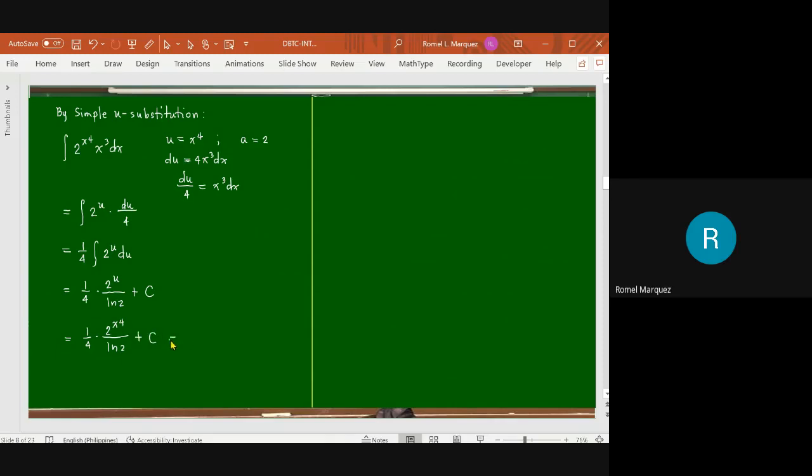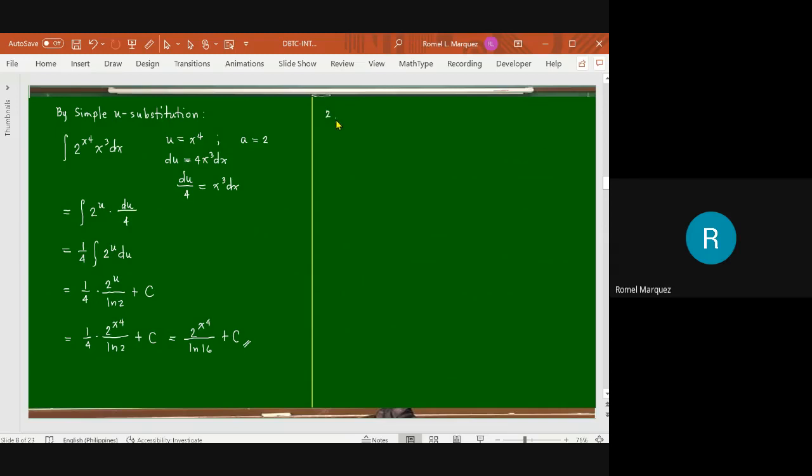That is equal to 2 to the x to the 4th over 4 ln 2, or ln 16. Did you understand why it is ln 16? ln 2 to the 4th is ln 16. But of course, 4 ln 2 is also accepted. You do not have to worry about that.